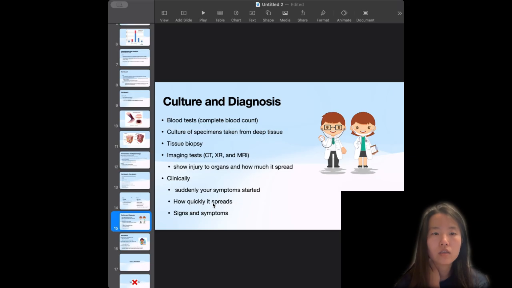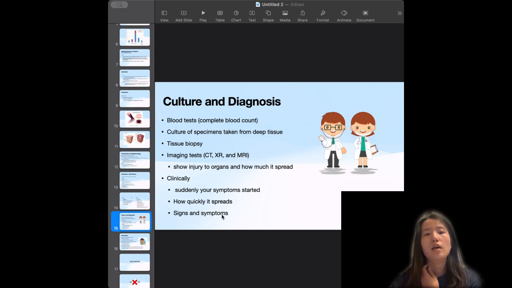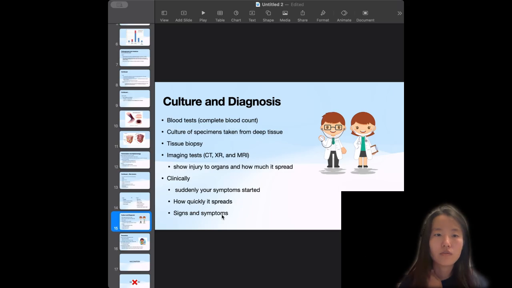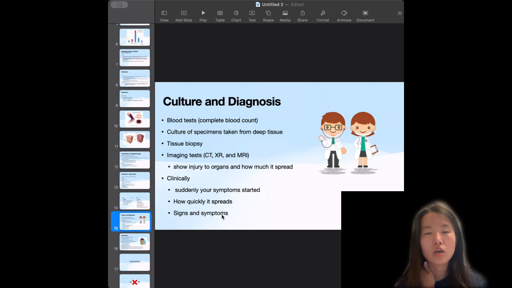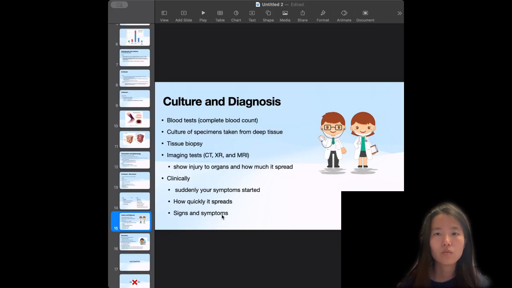Next, clinically, the doctors can diagnose from your signs and symptoms, as the ones mentioned before, and by your history. By asking how suddenly your symptoms started and how quickly it spread, the doctors can form a differential diagnosis and narrow it down to necrotizing fasciitis as more tests are done.